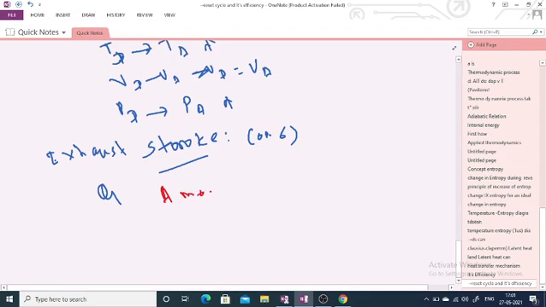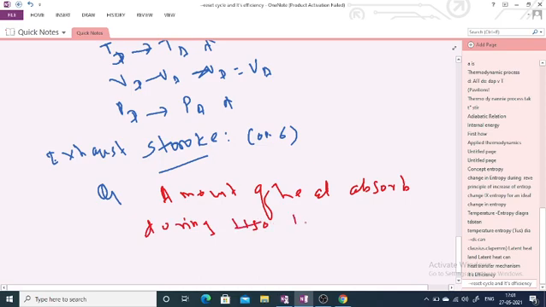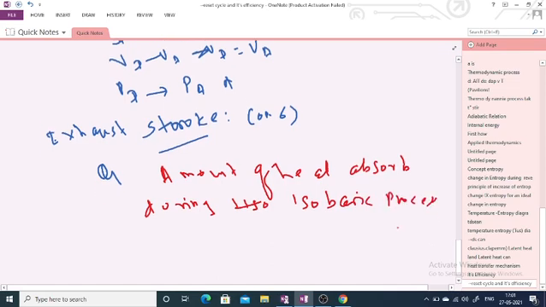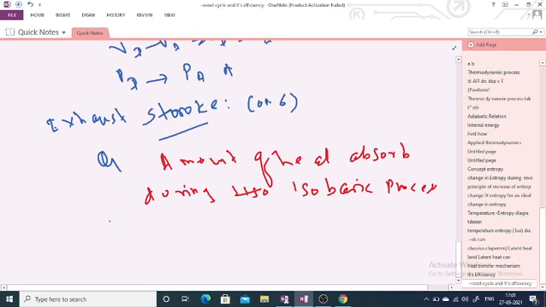So we get the equation for Q1 is equal to m Cp (Tc minus Tb). You should remember this equation.